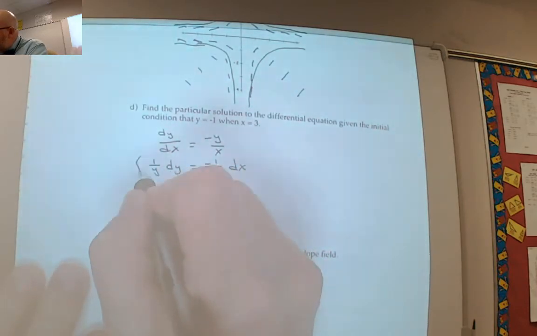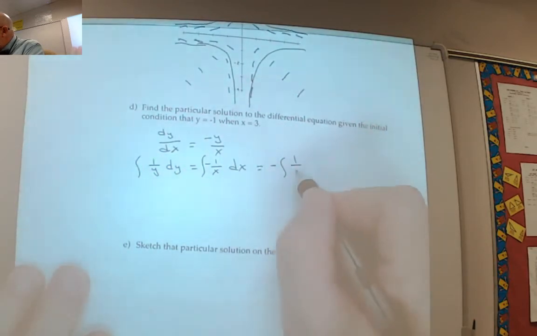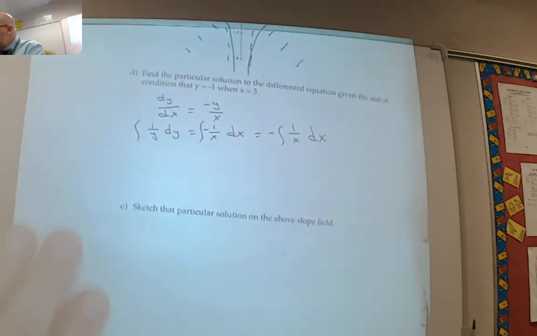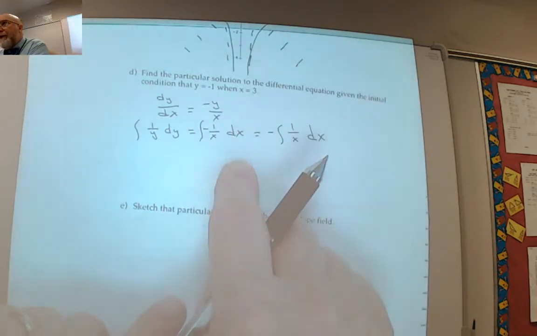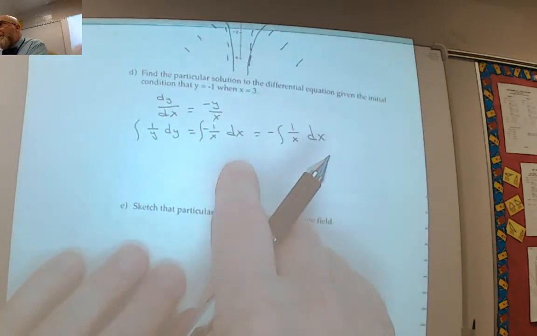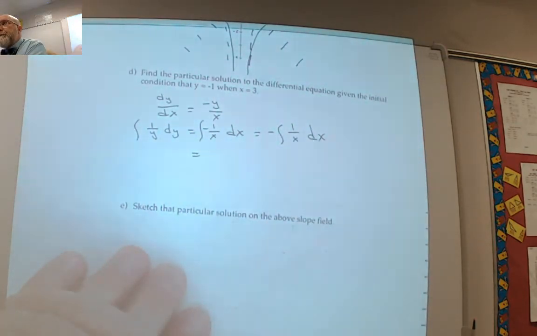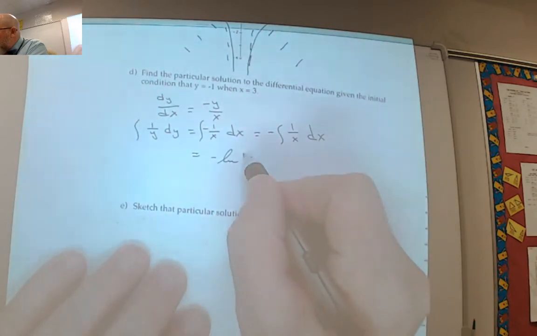I'm going to compute the antiderivative. This, by the way, is the same as this. What's the antiderivative on this side? I always do the x side first. Anybody have an idea? Negative ln of x plus c.